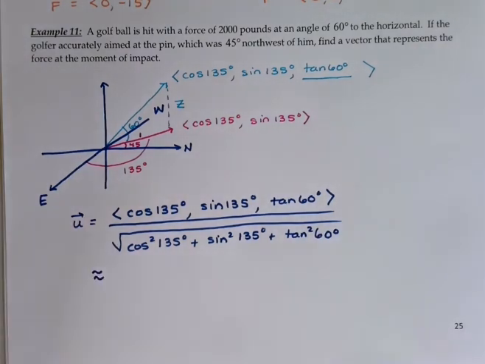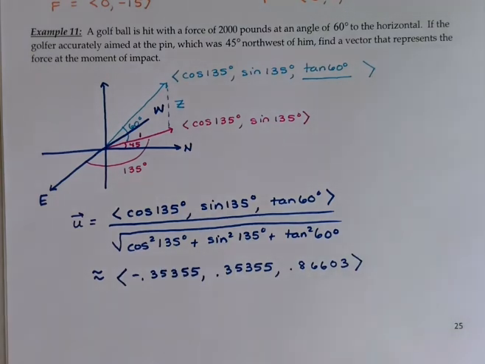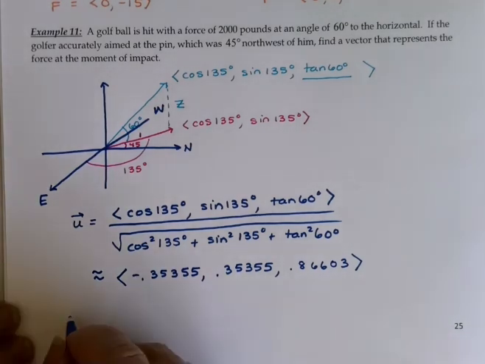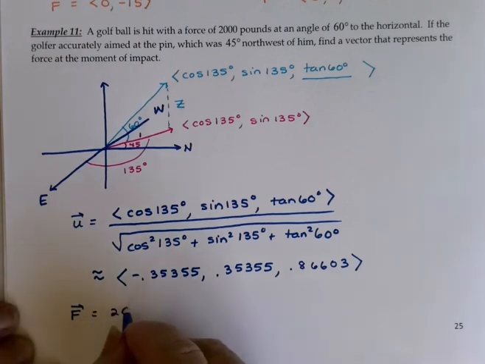And I'll do a little bit of the arithmetic here. All right, I just plugged all that in the calculator there, and this is what I came out with, rounded to 5 decimal places, knowing that to get the actual force vector, I'm going to have to multiply this by 2,000.